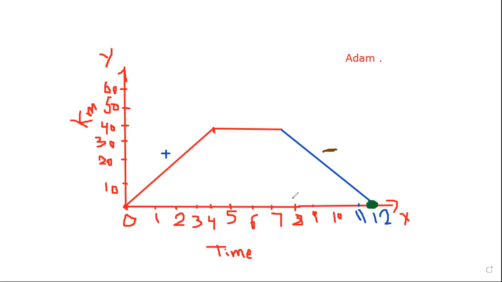So he takes 12 hours in his day to go to Cairo, to stay in Cairo, in a mall, in a theater, in university, anywhere, and then he goes back to his home. He takes 12 hours. Okay, if I ask how many kilometers did he cover in this journey?